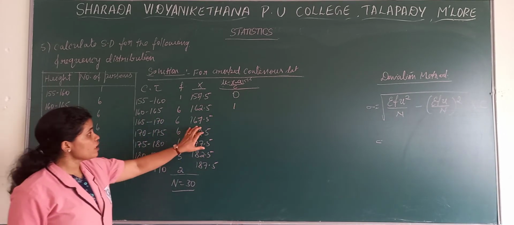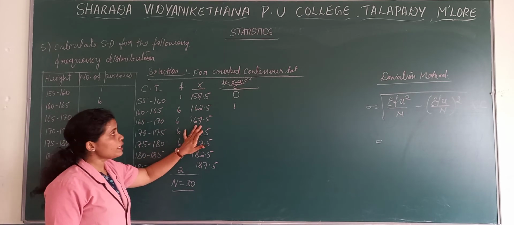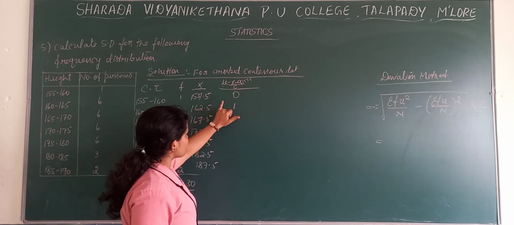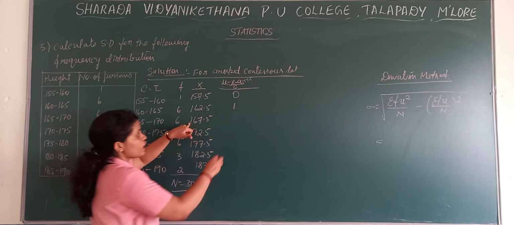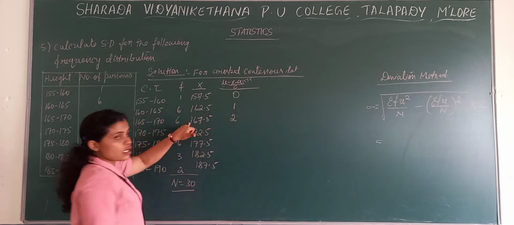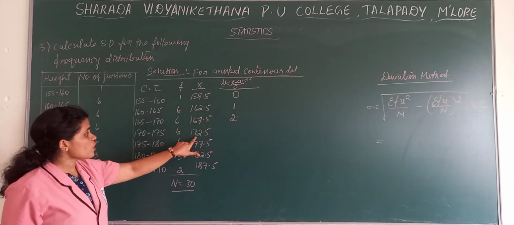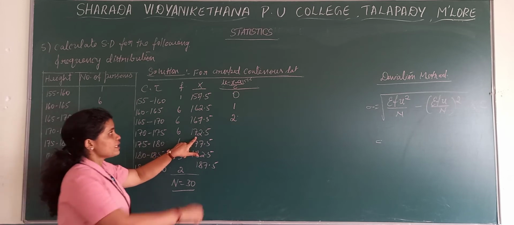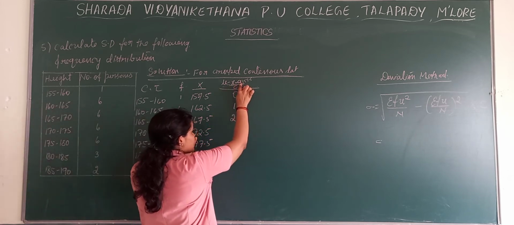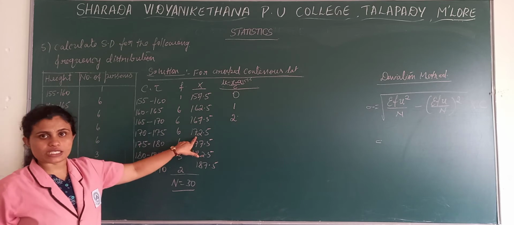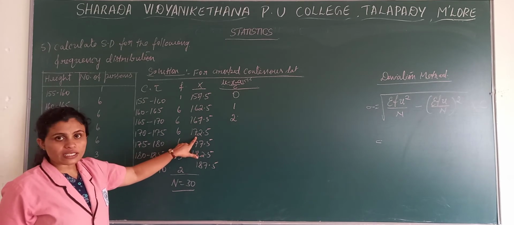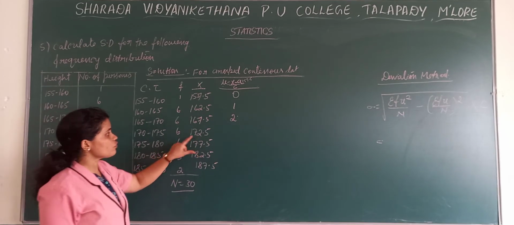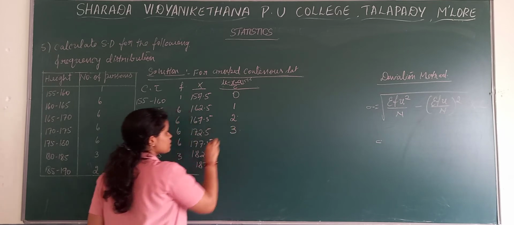The next one, 167.5 minus 157.5 divided by 5, here we get 2. 172.5, that is x, minus a. A we have taken as 157.5, divided by c, that is the width 5. So here we get 3.